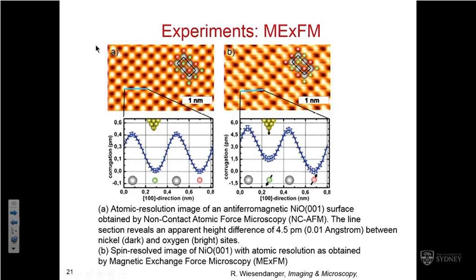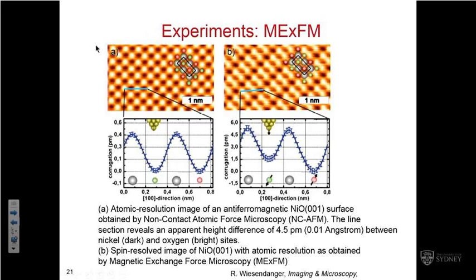when you do this experiment, this is a spin-resolved image using magnetic exchange force microscopy. So you come here with, you can see it's got a little spin on the tip. This one has no spin on the tip. This is the usual, but you can create a tip, where you scan, that's got spin on the tip.